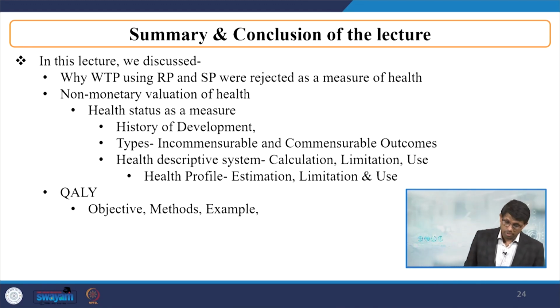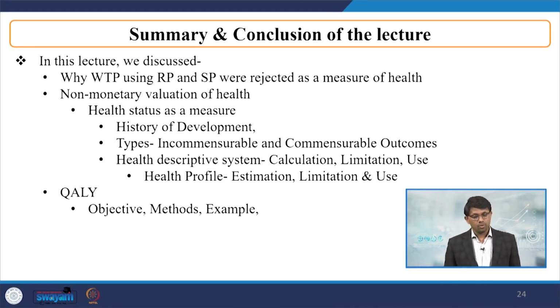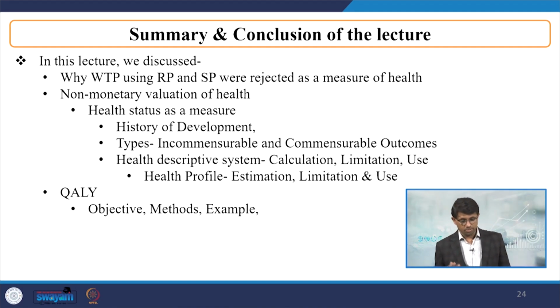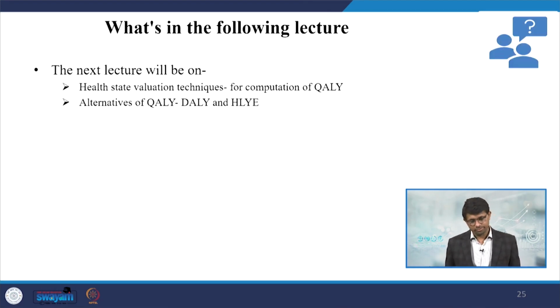We covered non-monetary evaluation of health, health status measures, incommensurable and commensurable outcomes, health descriptive systems, their calculations and limitations, and profile measurement. We also touched upon QALY, the objective methods and an example.